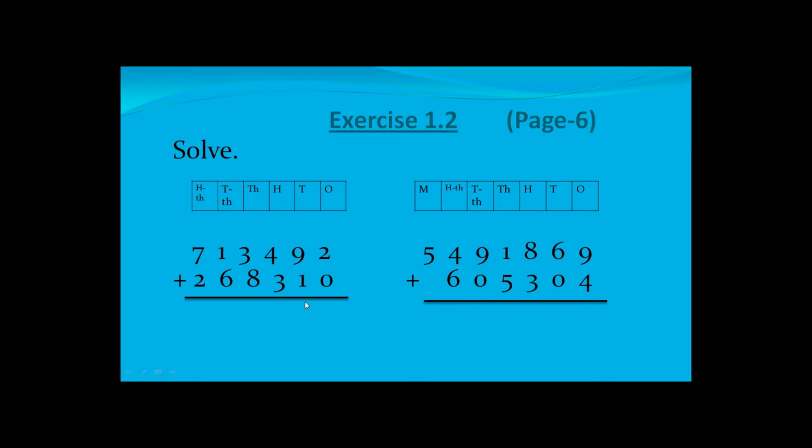Now my dear students, copy these questions, copy these sums and try to solve these sums on your copy or your paper, and then I will show you the answers. I know my students are very intelligent. They know when 2 is added to 0, what comes over here, 9 added to 1, what comes over here, then 4 plus 3. You have to solve it. Okay, I'm showing you the answers.